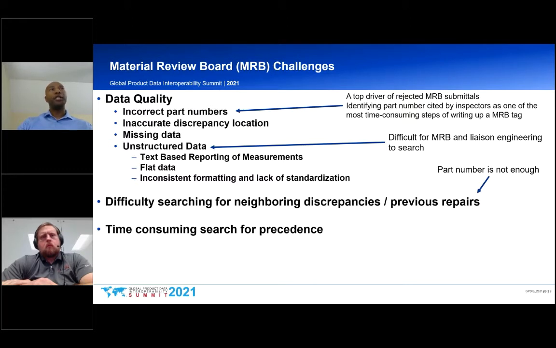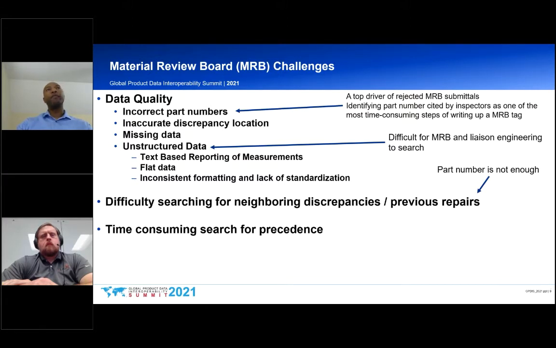So the location can be very important depending upon what the actual part is. And often the means that inspectors have for specifying the location result in very inaccurate locations. So often it will be the photograph of the part that can key the engineer on where it actually is, or they have to actually go down and see it to have a good idea of where that damage is.